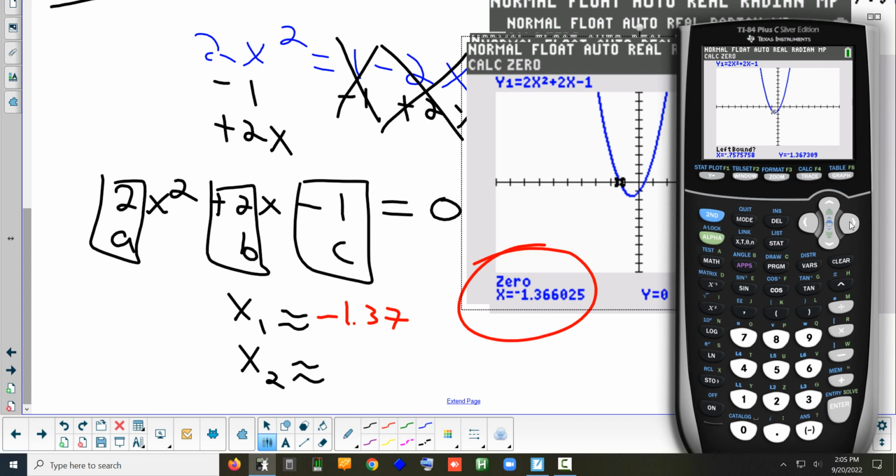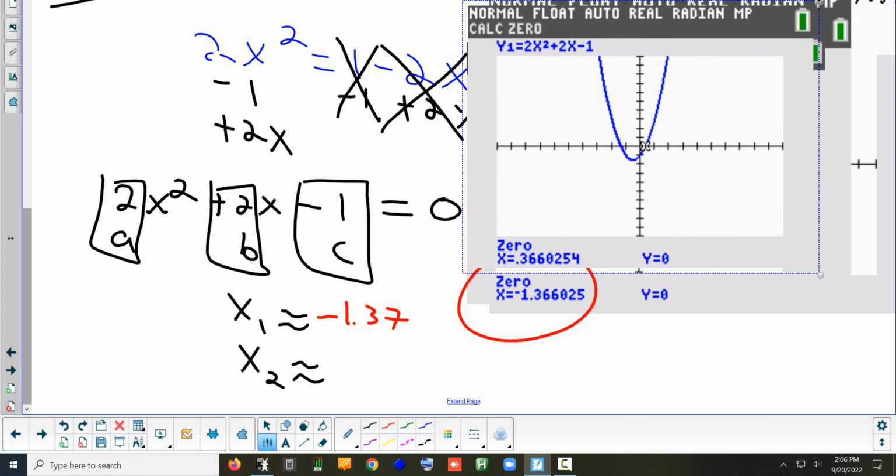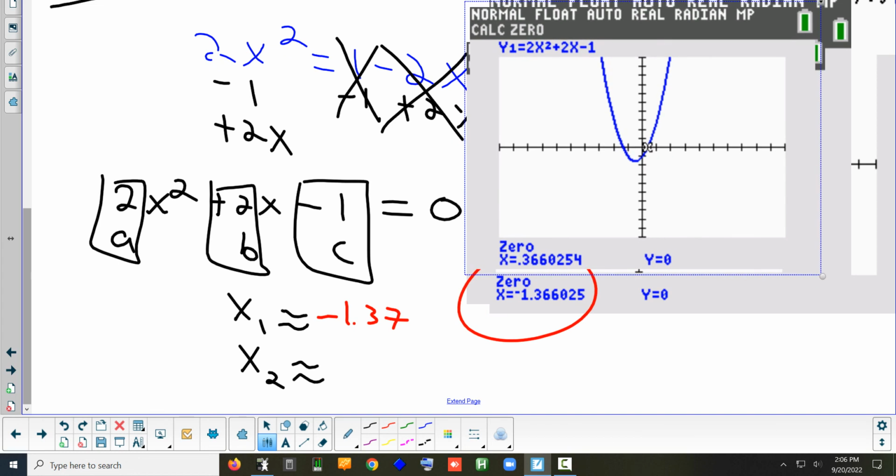Left, a little bit left of that second zero. Okay, I went a little bit left. Enter. Then I have to hit enter, that's important. And then right bound, to the right of it. And then enter. Then enter again. And then it gives me the second answer. So those are my two answers: 0.37 and negative 1.37.